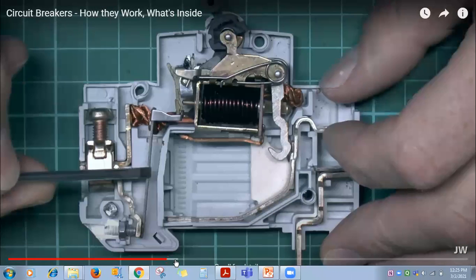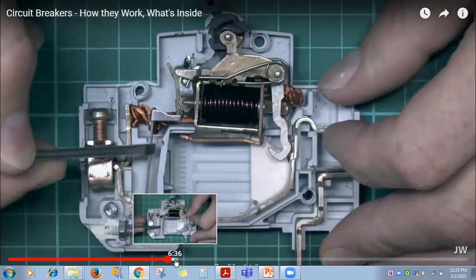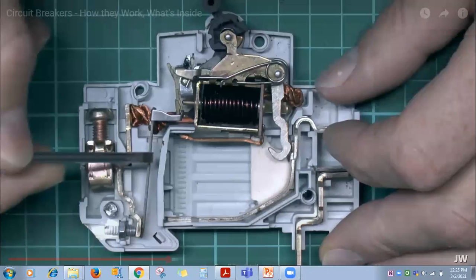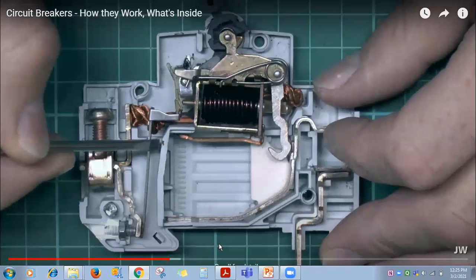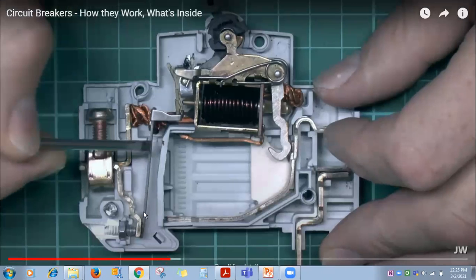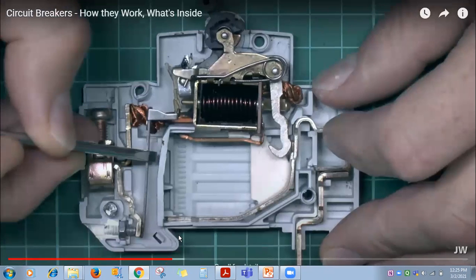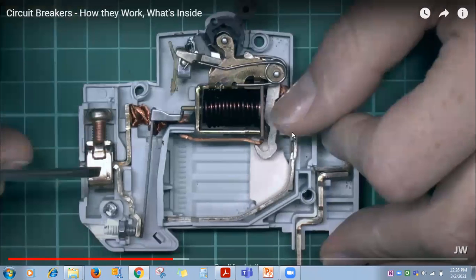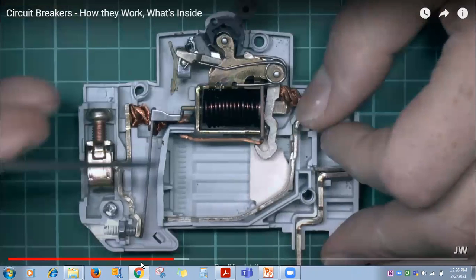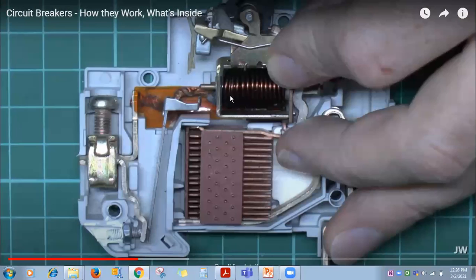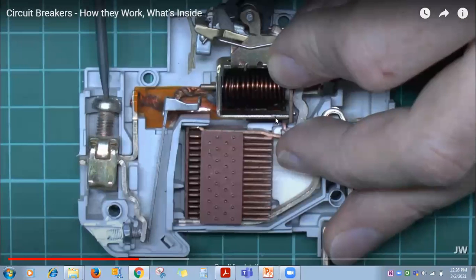And in case of overload also, you observe here, this is the bimetallic strip. In case of overload, it bends, and like this the switch becomes open. Okay, so here, this is the solenoid.